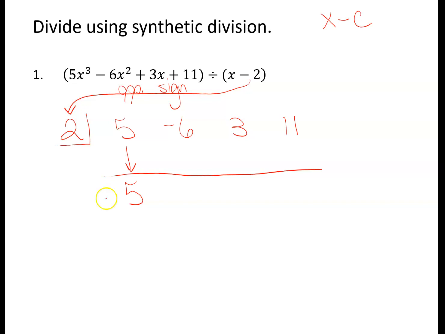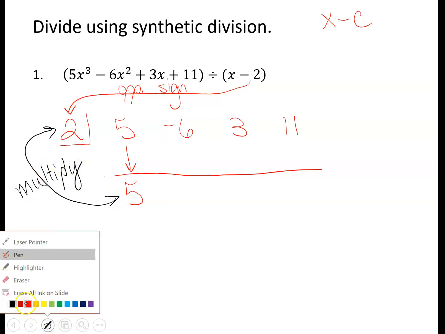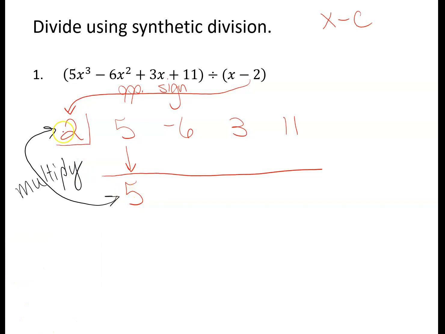Now, that number is going to multiply by the number in the square. So if we do that, 5 times 2, we get 10. And we're going to write that 10 below the next number in our problem. So we're going to write the 10 here.